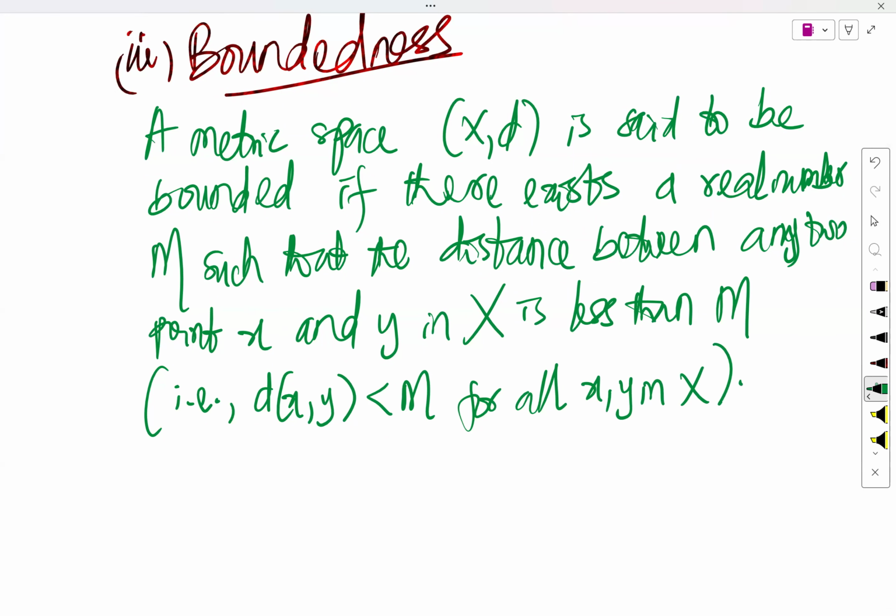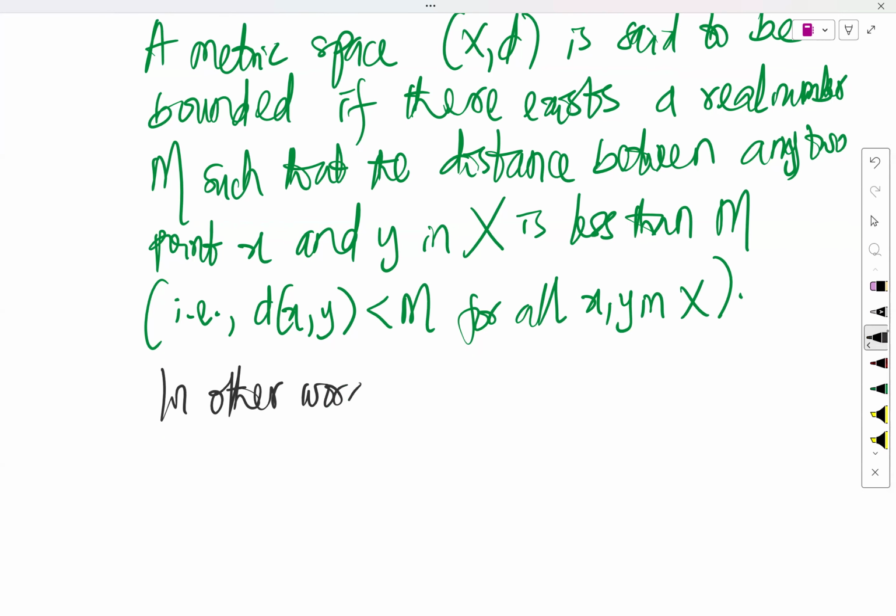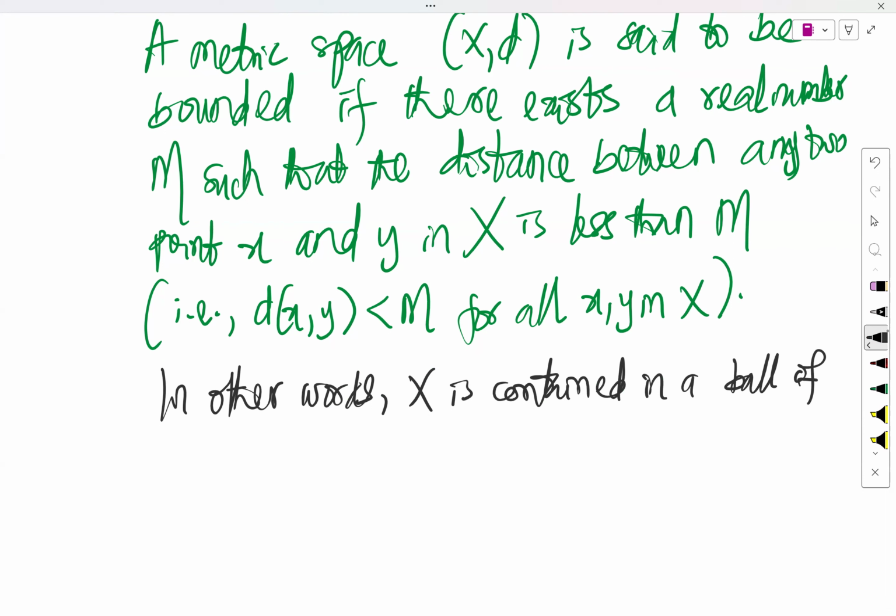In other words, X is contained in a ball of finite radius. That's the idea of boundedness.